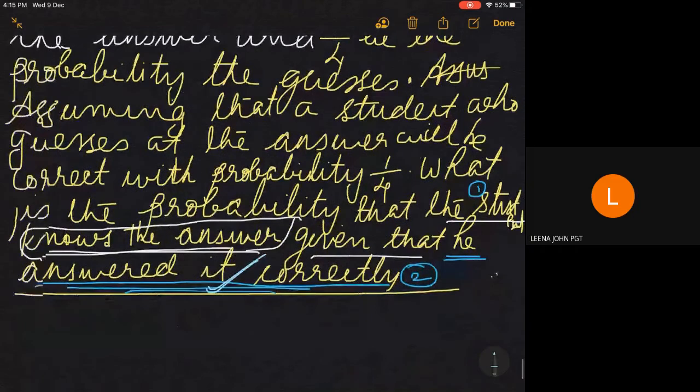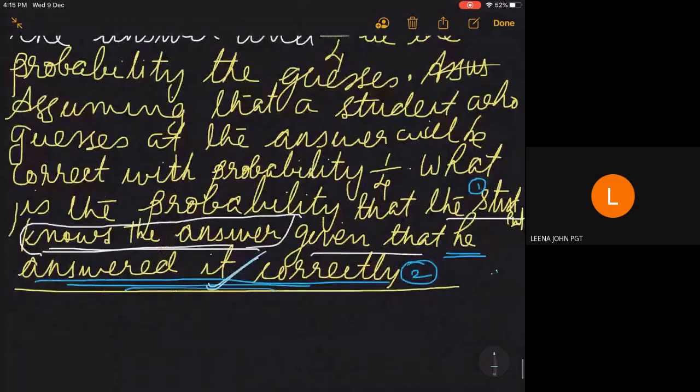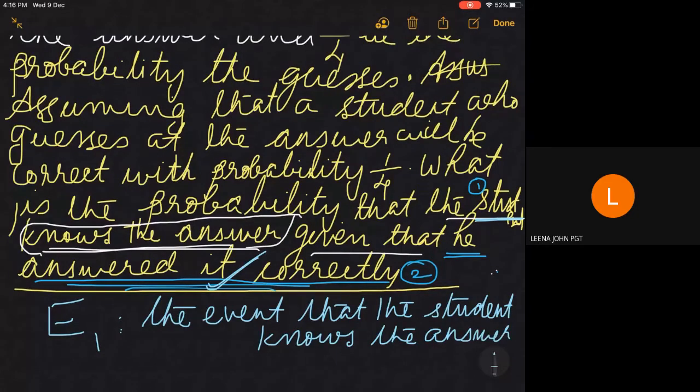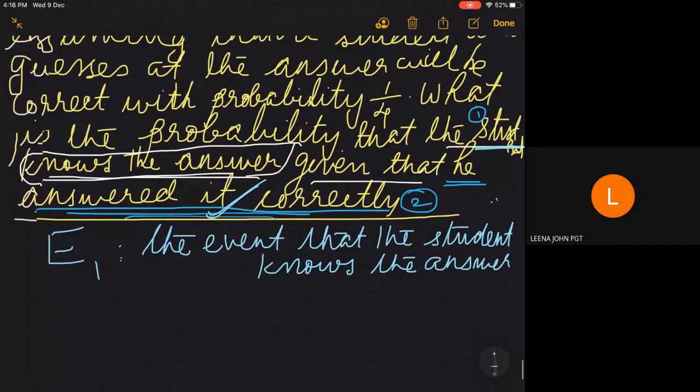So two events you have to define here. The first event which happens first, the first level of action, is that the student knows the answer. The same sentence you can use for the event: the student knows the answer. And another event is with the condition. So that also we will define.